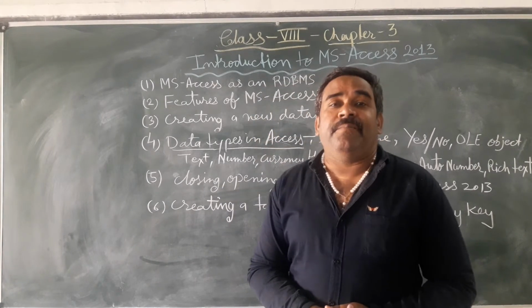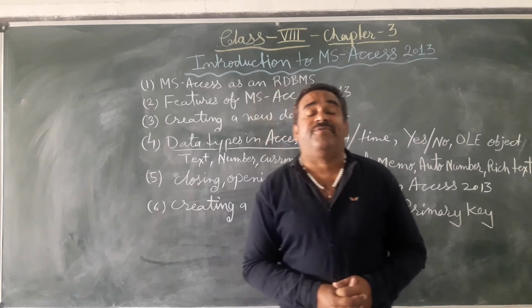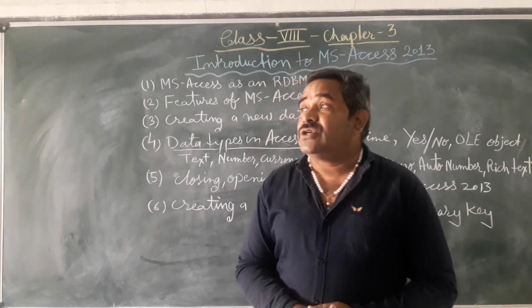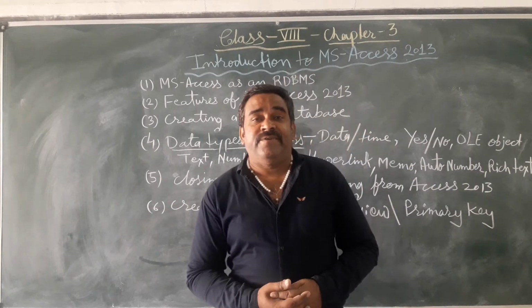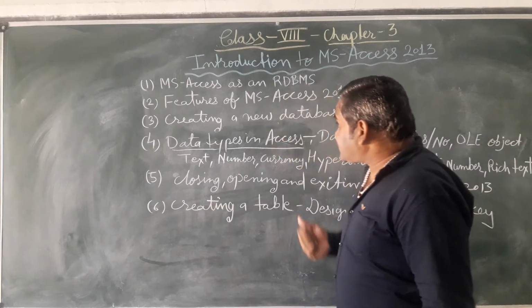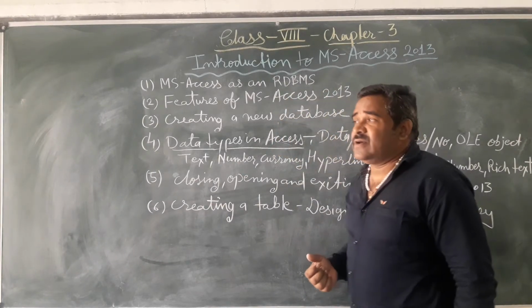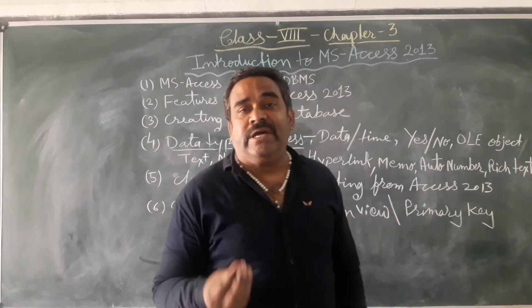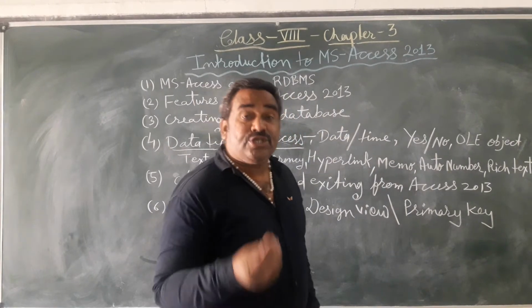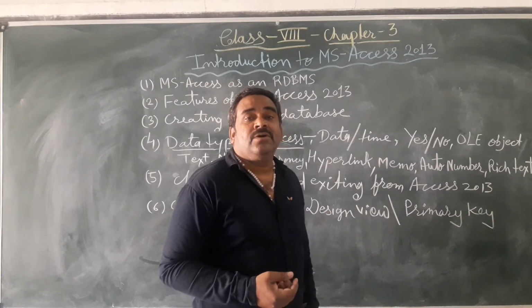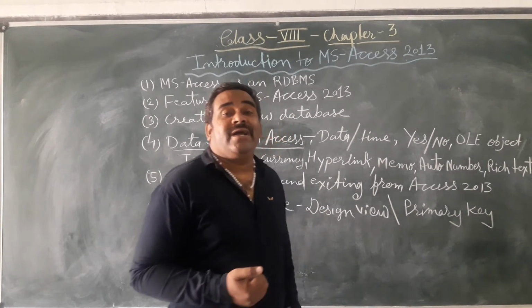Simply, Microsoft Access is also a kind of program with which we can create our database using these different kinds of features. In MS Access, there are too many features. When you want particular information about a particular student, you go there and ask about him or her.